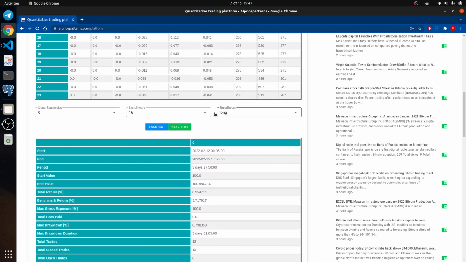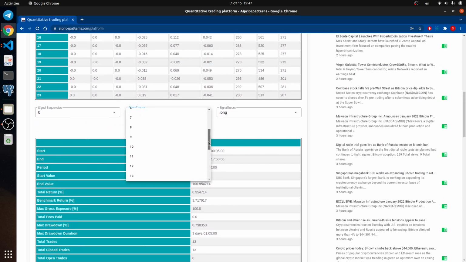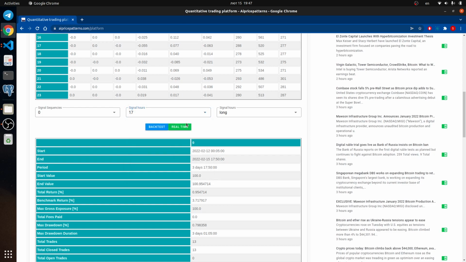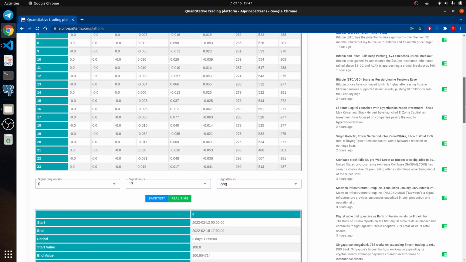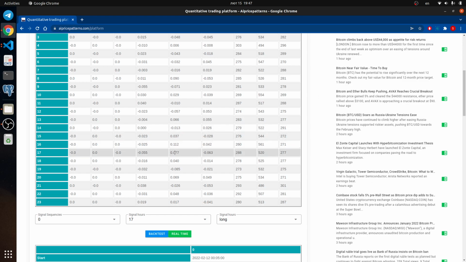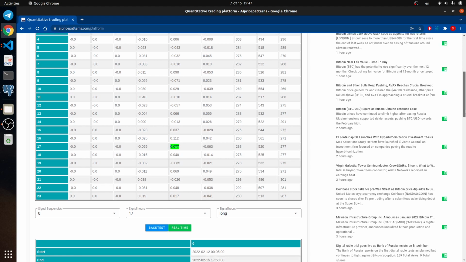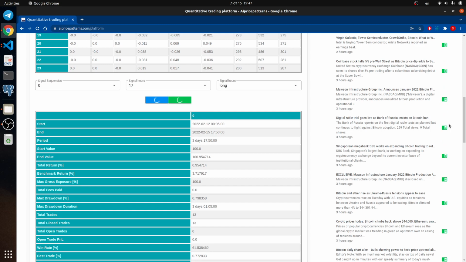Let's analyze another time, for example real time, and we could check our pivot table to understand what happens. Okay, and this time we also have some positive results. Let's analyze real time.